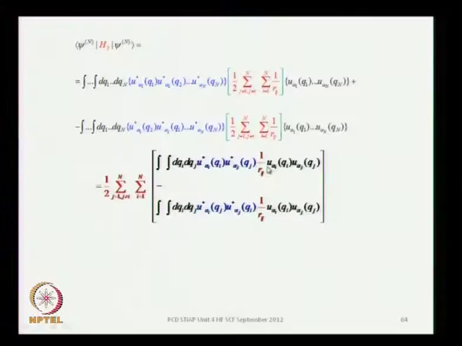So, they will multiply out and you will be left with very simple integrals which are integrations over just 2 variables qi and qj corresponding to the 1 over rij term, and then you have this sum over i and j, half of that, and then you have this double integration over qi and qj coming from this identity and a similar double integration with a minus sign because there is a 1 interchange here.